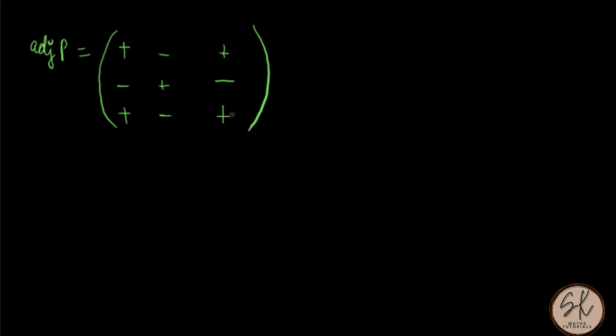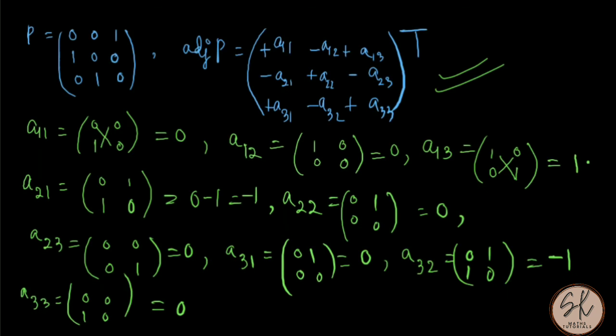So now adjugate of P is equal to, first let me put the sign, that is plus, minus, plus, this is minus, plus, minus and this is plus, minus, plus. Okay. Now A11.